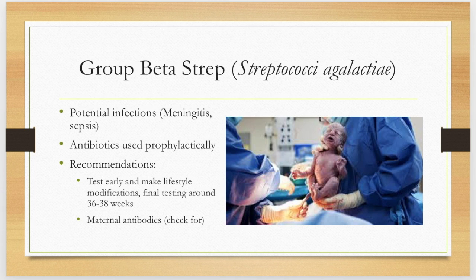And generally, when we get more beneficial bacteria, we can change the dynamic of the community that's in our gut and in our vaginal areas. And then, of course, I would expect that testing would continue to see if those dietary changes and lifestyle changes have made an impact. And then you can still continue with the normal 36 to 38 week testing of GBS and reevaluate at that time.